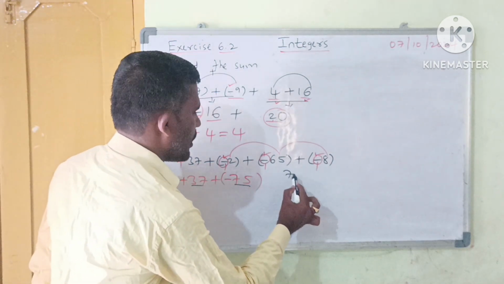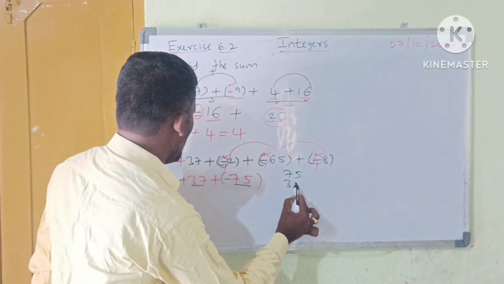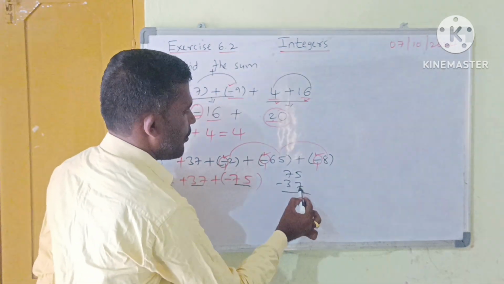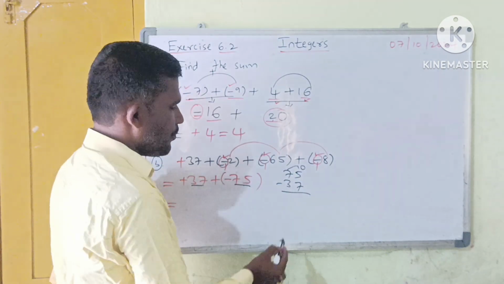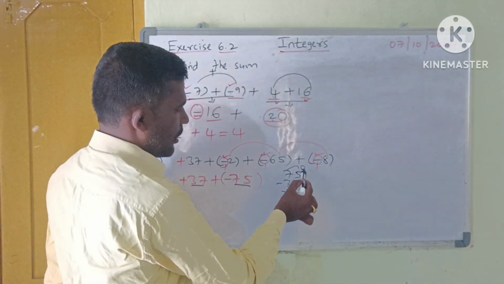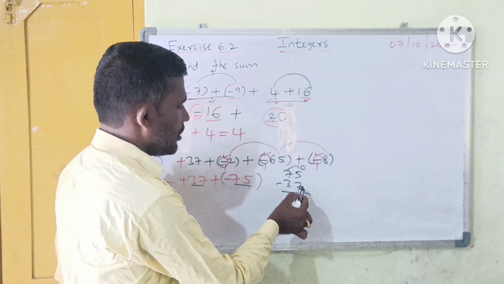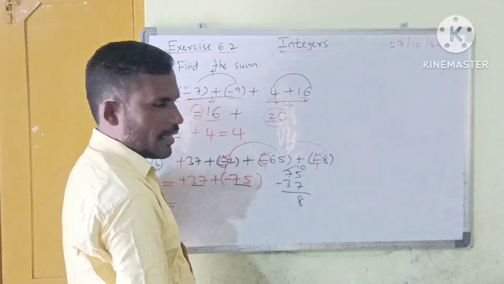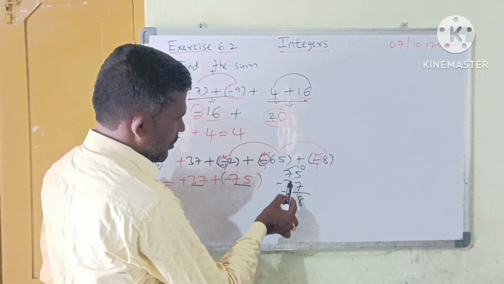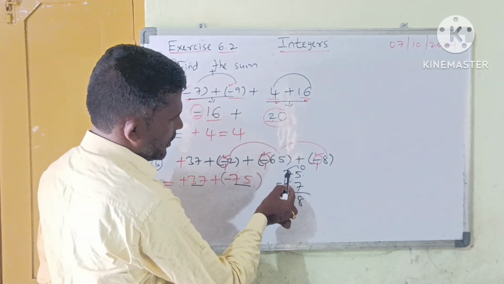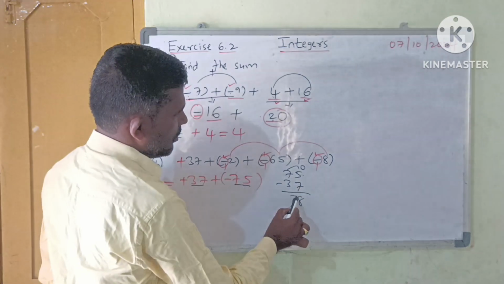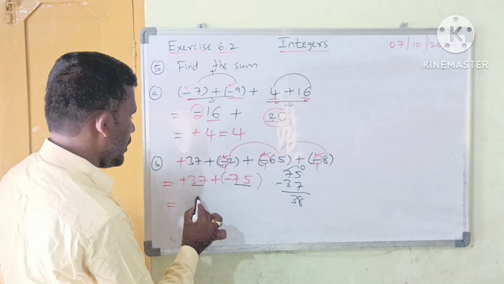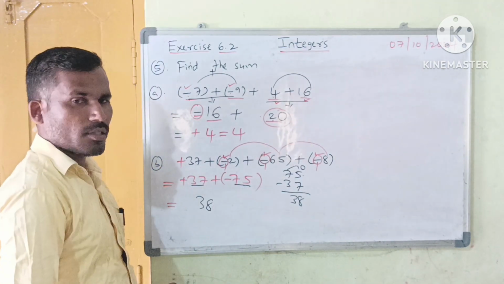So I am taking 75 minus 37. 5 minus 7 is not possible, taking a borrow. So 15 minus 7 is 8. Next, what do we have here? 6 minus 3 is 3. So therefore, 38 is the answer.